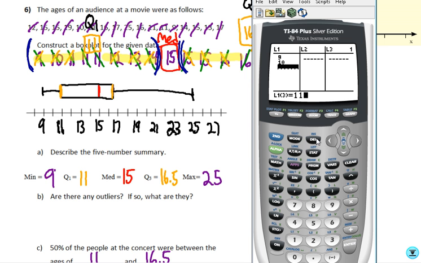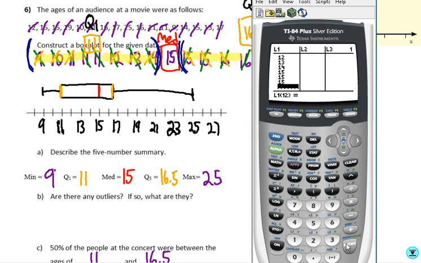And we're going to end up doing something a little bit different here. We're not going to be looking for the average or standard deviation or anything like that, because we're doing a slightly different analysis here. We drew this box plot by hand, and what we're going to have the calculator do is draw the box plot as well, and we're going to check our answer, and then we're going to check on this question of an outlier.